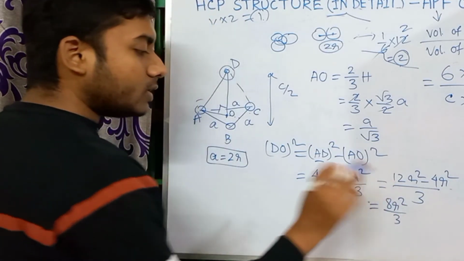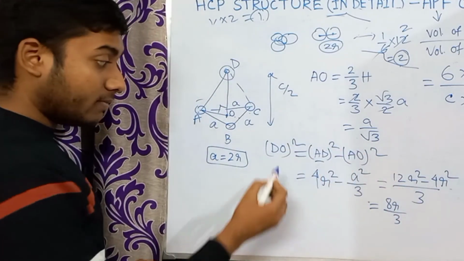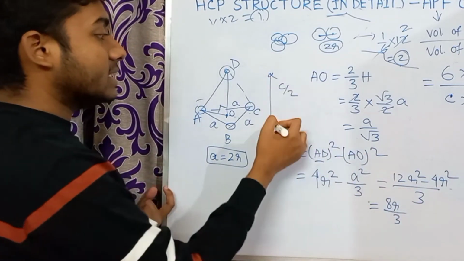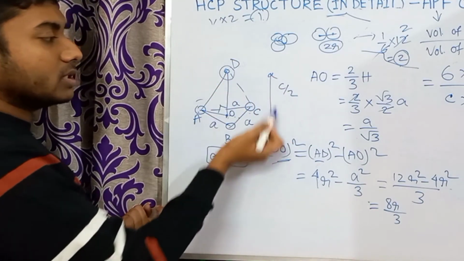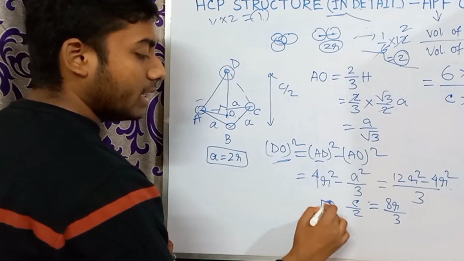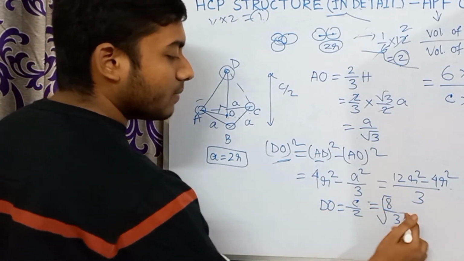Now if we take the square root, because there is DO square, DO, that is the c by 2 distance, will be equal to square root of 8 by 3 into r.